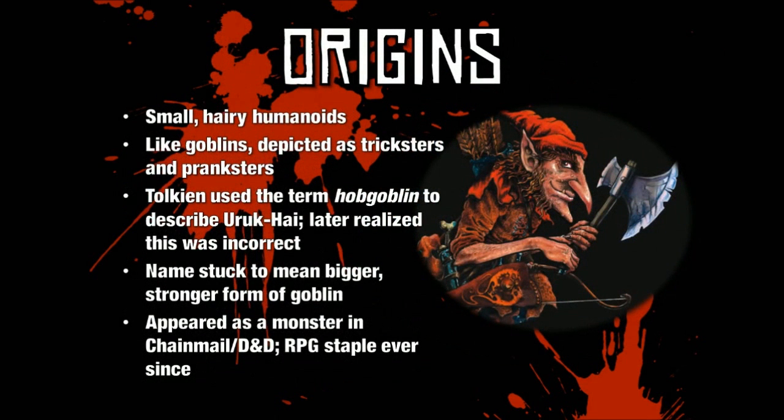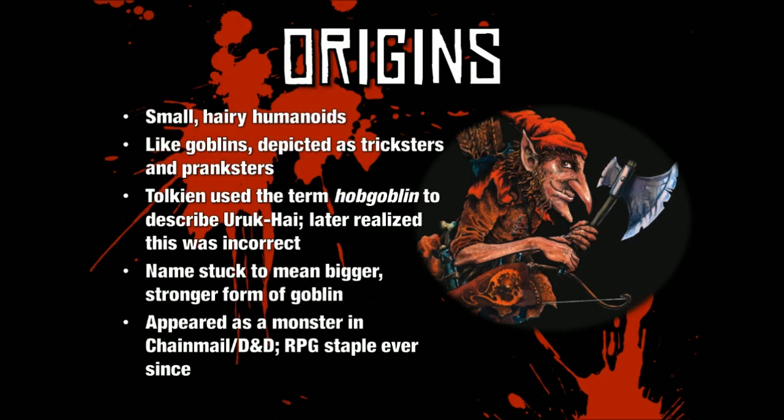So, hobgoblins in folklore are small, hairy humanoids, and like goblins, they're simply depicted as sort of tricksters and pranksters that dwell in people's houses. But it's interesting to note that hobgoblin traditionally actually meant a smaller form of goblin, but in The Hobbit, Tolkien used the word hobgoblin to describe sort of the Uruk-hai type creatures, the large orcs, the large goblins.